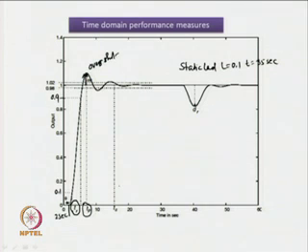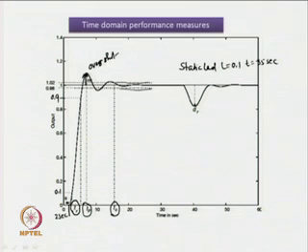And when the output response enters the band of plus minus 2% of the reference value, that time is designated as the settling time, the time at which the output enters into the plus minus 2% band is known as the settling time. So, these are some critical parameters one obtained from time response of closed loop systems.